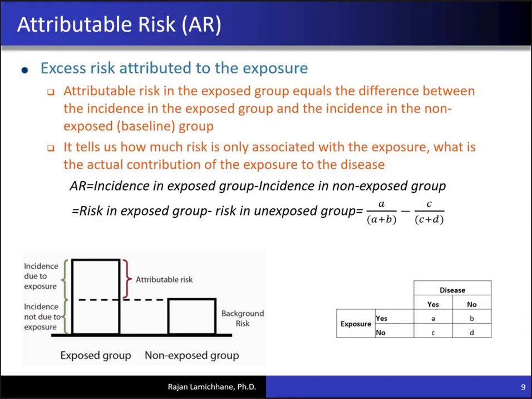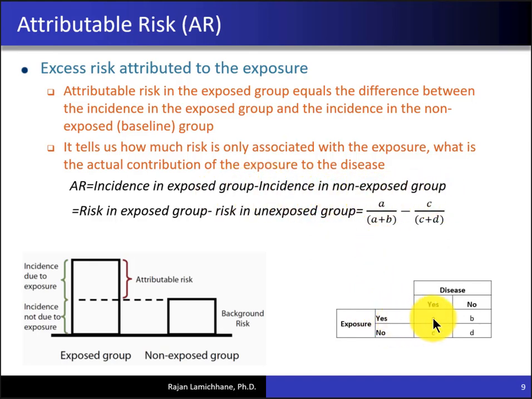That's what attributable risk is. If you look at this carefully, if you subtract the common risk from the risk of the exposure, then you get the attributable risk. So it is just the incidence in the exposed group minus the incidence in the non-exposed group. Incidence means the risk.